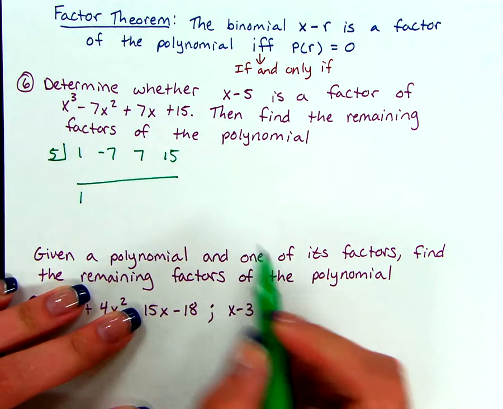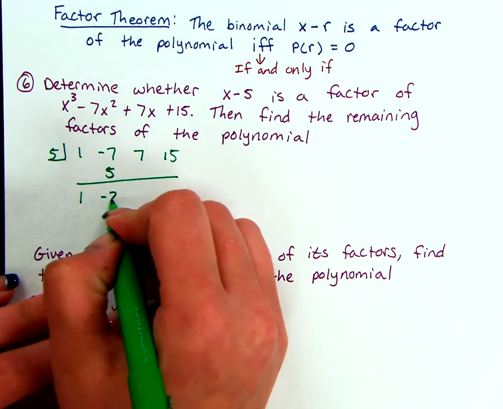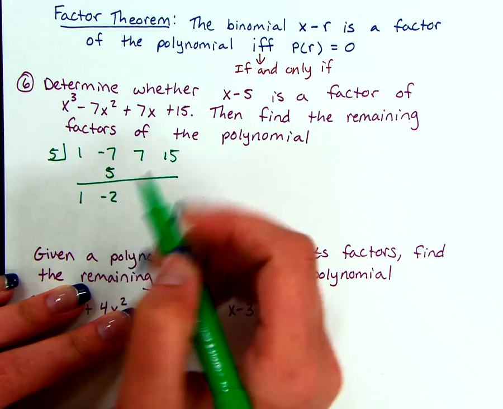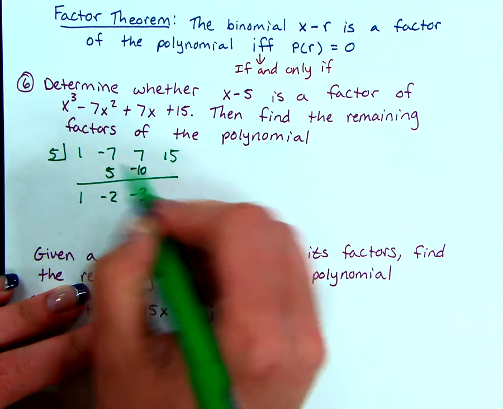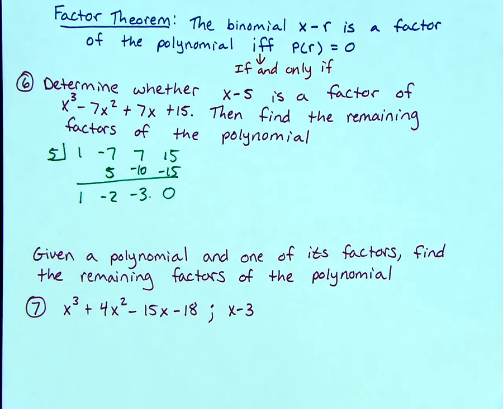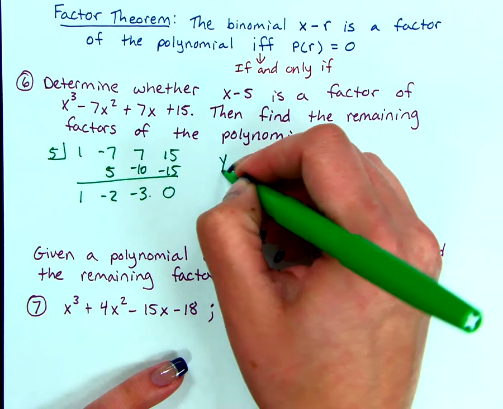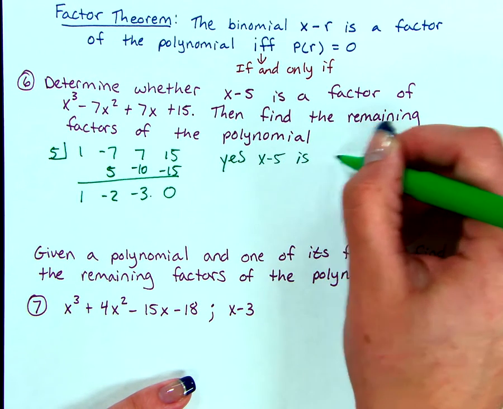So the 1 comes down. 5 times 1 is 5. Add to get -2. 5 times -2 is -10. Add to get -3. 5 times -3 is -15. And add to get 0. So yes, x minus 5 is a factor.